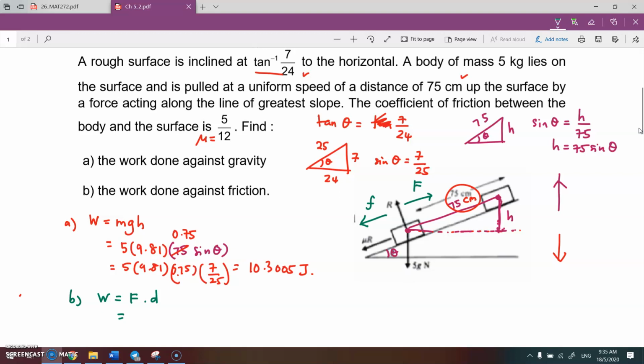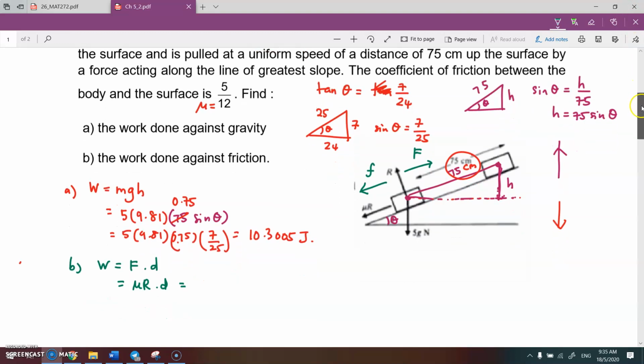Because we have a friction, we use mu R, where mu is 5/12.